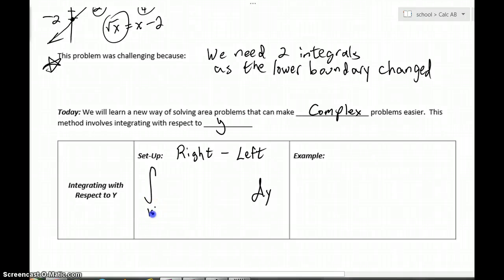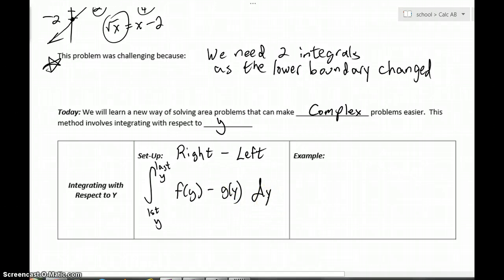We're going to have our first y value and our last y value up here. So we'll have numbers, but they will be y values. And then, of course, what you're really going to do is have different forms inside the integral.